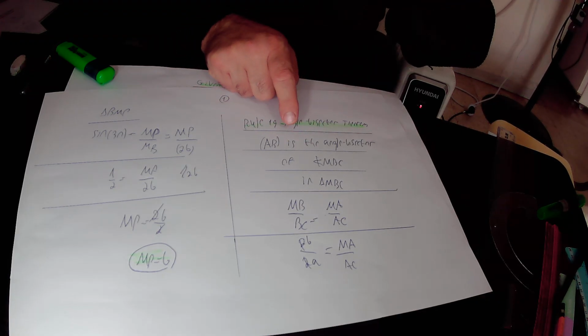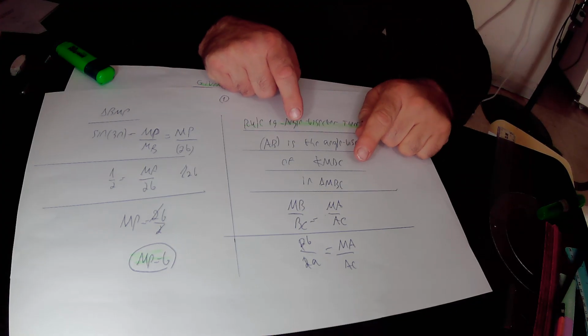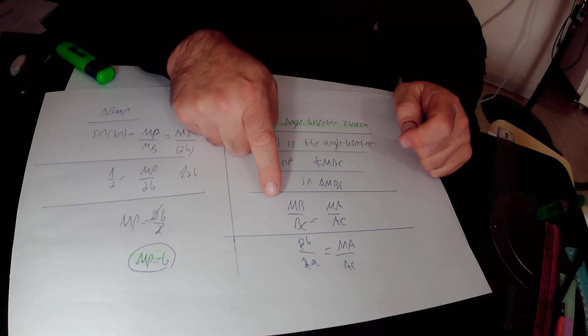Therefore, angle bisector AB divides the sides of the associated triangle MBC proportionally. That is to say, MB over BC equals to MA over AC.